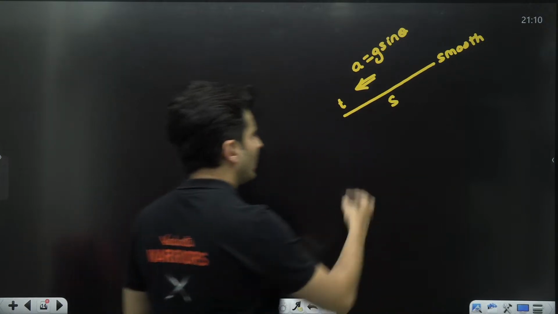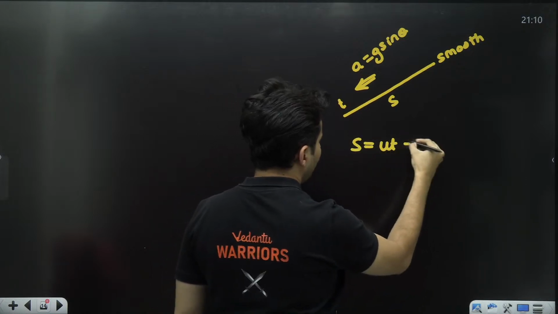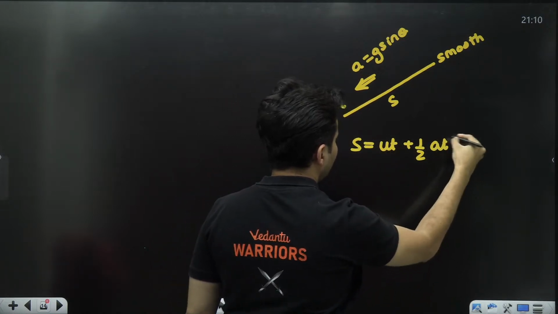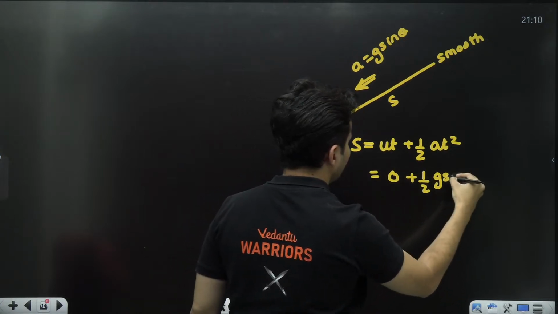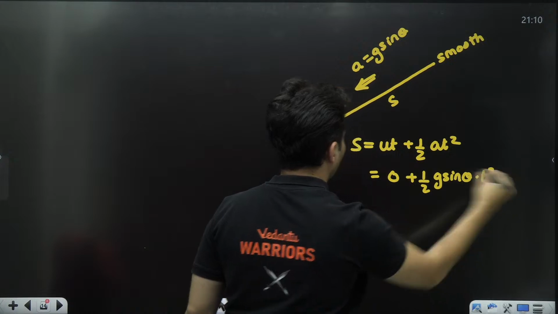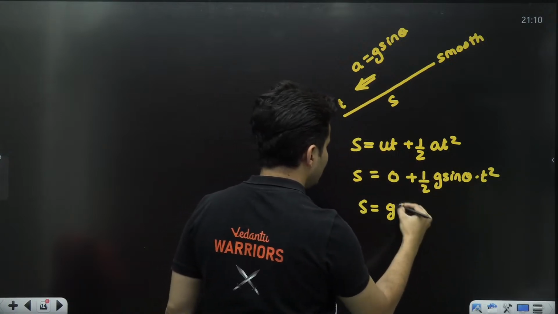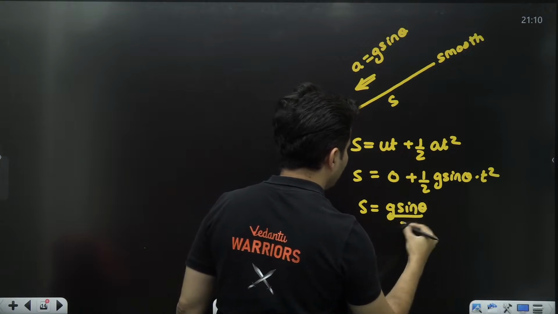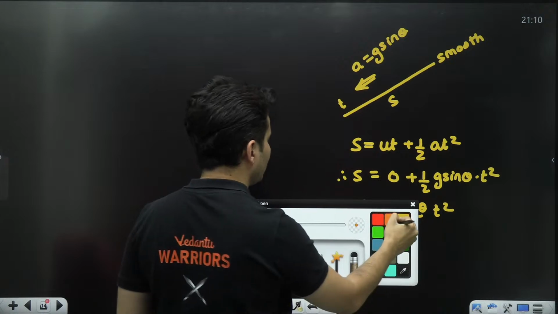Now, if you write the kinematic equations, it will look like this. S is equal to ut plus half at square. U is 0. Acceleration will be g sine theta into t square. That is basically your S. So S is nothing but g sine theta whole thing divided by 2 into t square. That is what I will get for smooth inclination.